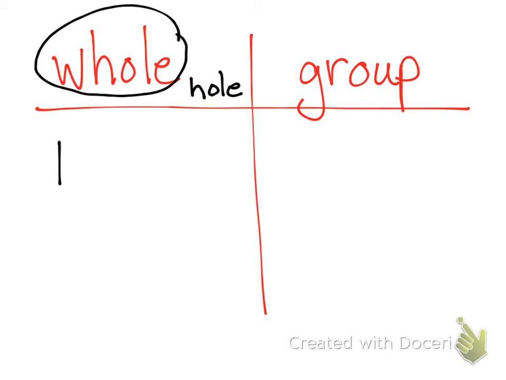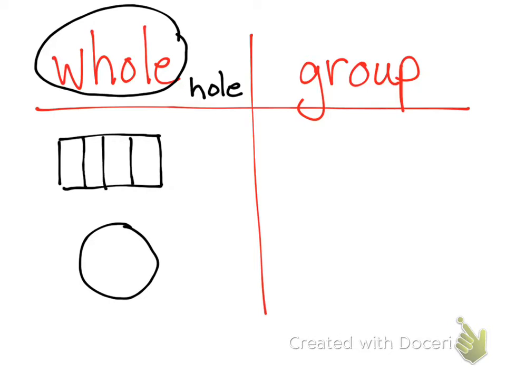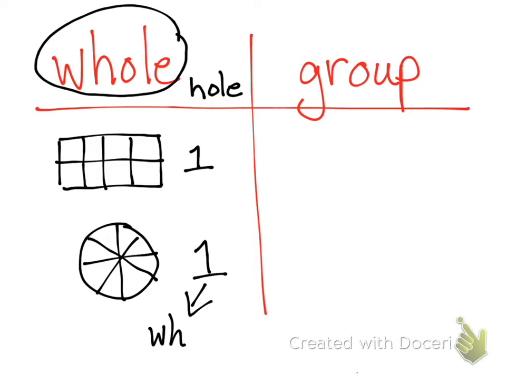So we take one whole item, like one whole rectangle or one whole circle, which could be one whole candy bar, like a chocolate bar, or one whole pizza, and we chop it up into sections, okay? So this is one chocolate bar, this is one pizza. One means one whole item. Okay, that's what we did the other day.